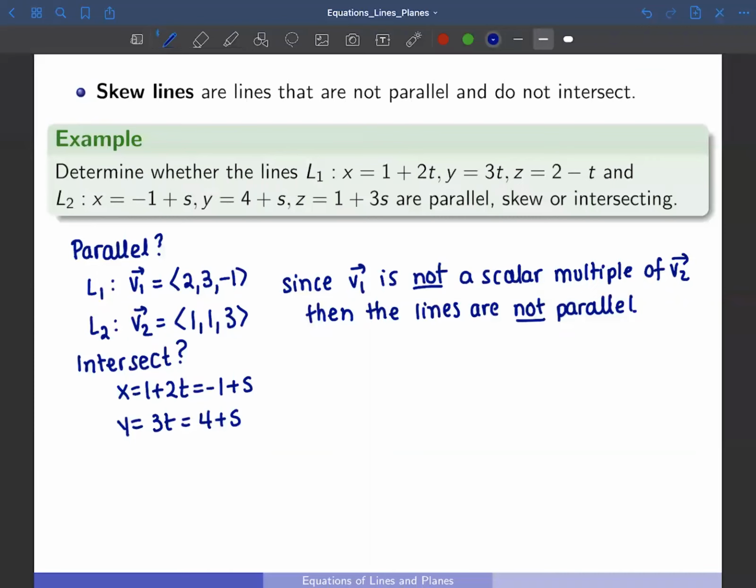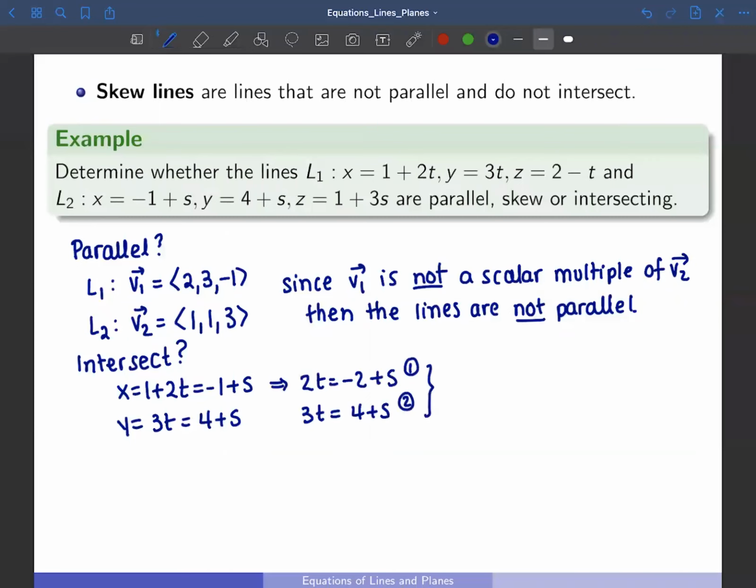So from the first equation, we have that 2t is equal to negative 2 plus s, and from the other equation, we have 3t equals 4 plus s. So let's call this equation 1 and this equation 2.